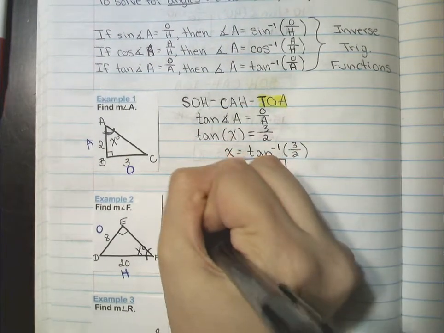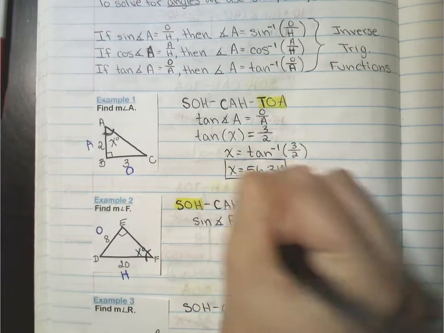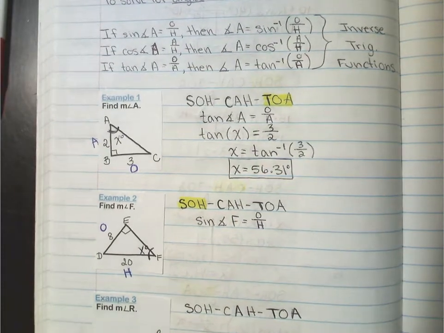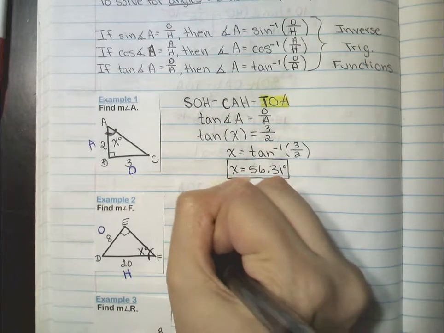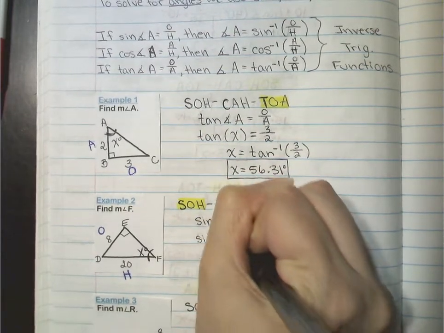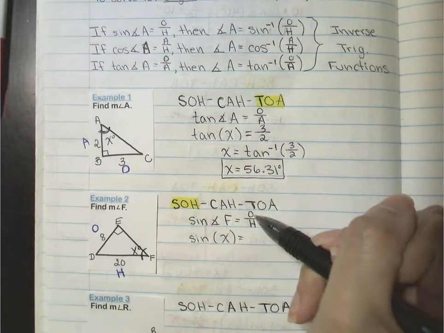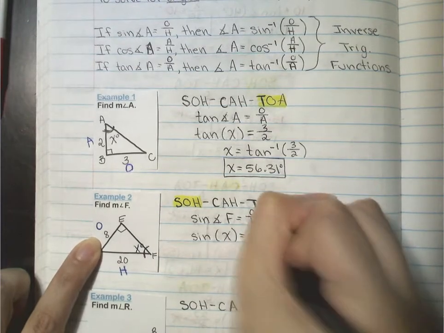Now I have sine of angle F equals opposite over hypotenuse. That's my formula. I'm just going to plug in numbers for letters now. F is what I'm looking for, so that's x. The O is the 8, so O goes on top.